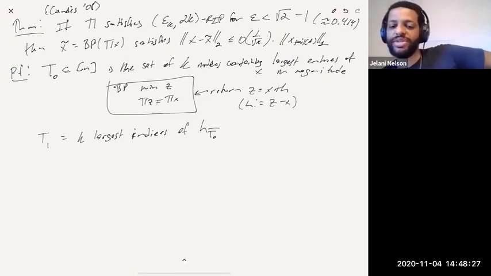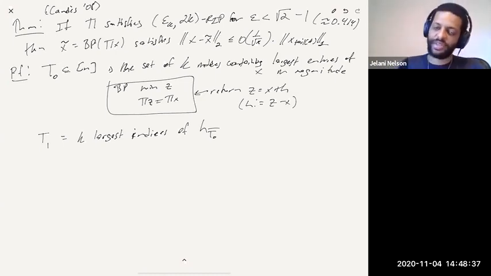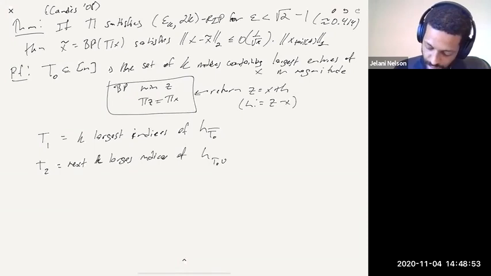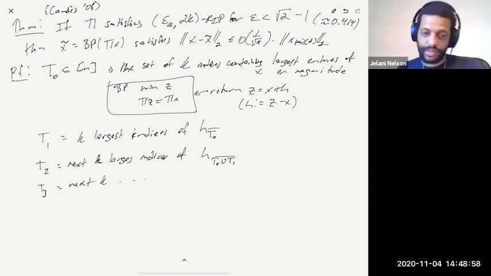T0 might not be the largest entries of H. T0 is the largest entries of X, but there might be some overlap with H. So that's why I'm only looking at H projected on the things that I'm not already counting. And then T2 is the next K largest indices of H restricted to the complement of T0 union T1. T3 is the next K, etc. Does that make sense? It's very similar to what we did when we analyzed the Kramer-Ward theorem.